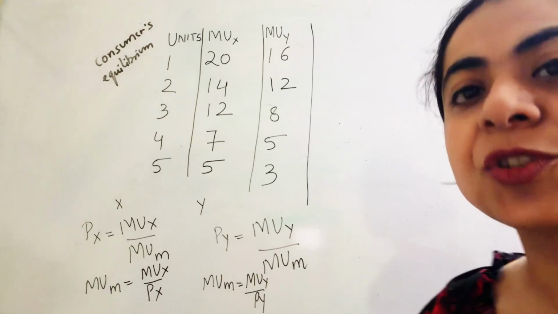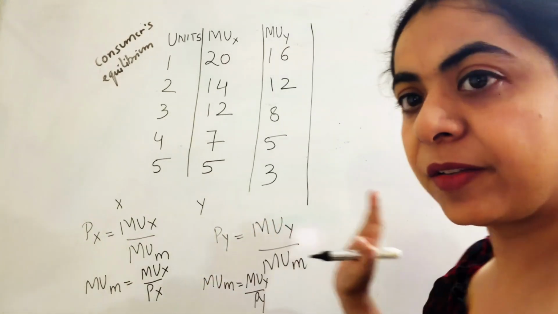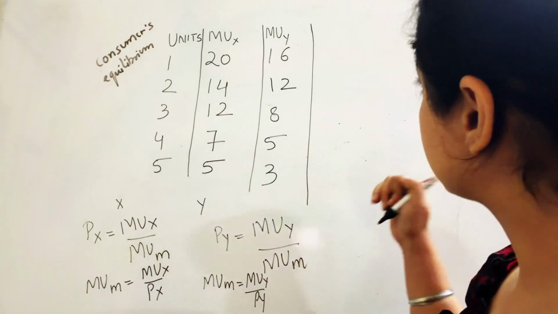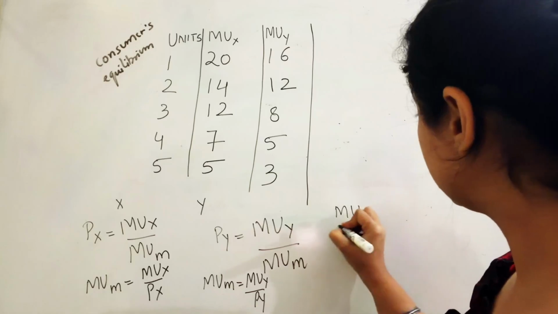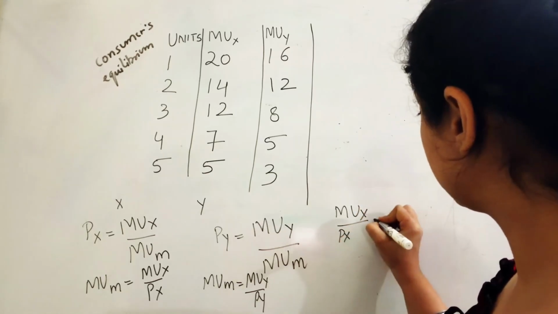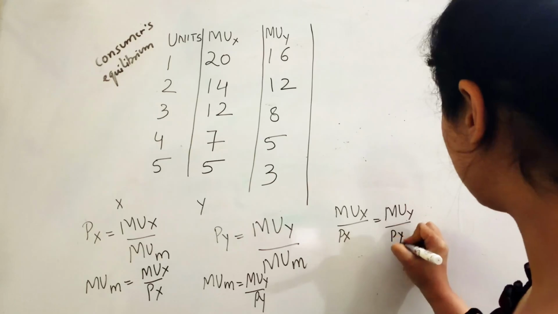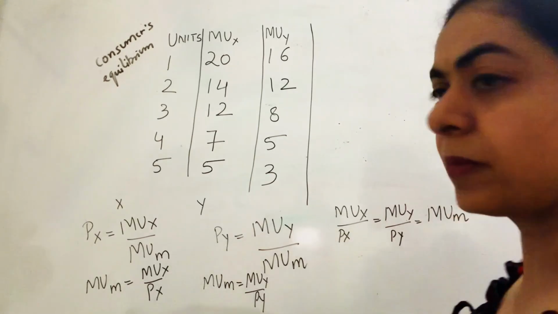From both these conditions we can say that since marginal utility of money remains constant, we can rearrange this condition as MUX upon PX should be equal to MUY upon PY is equal to MUM.